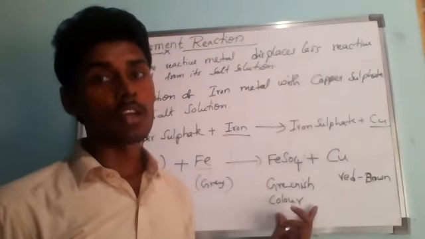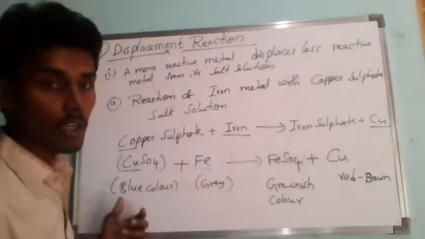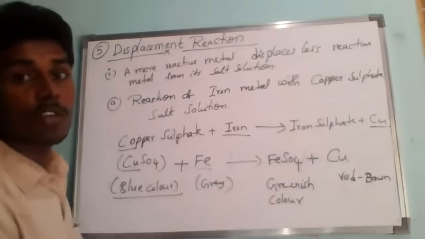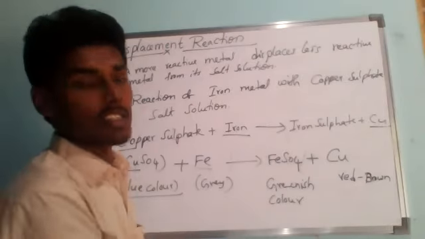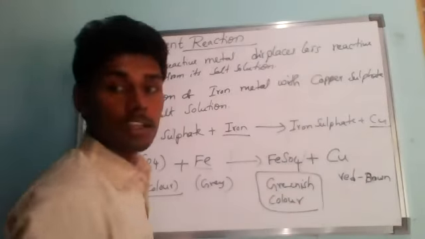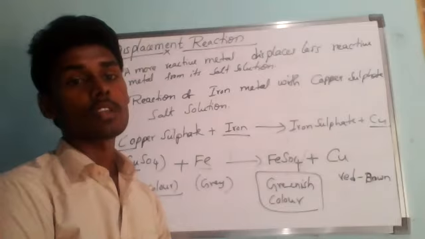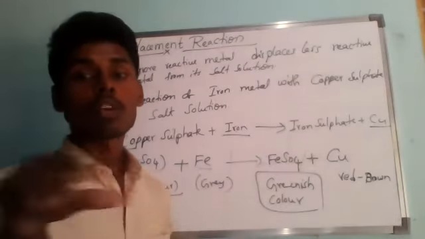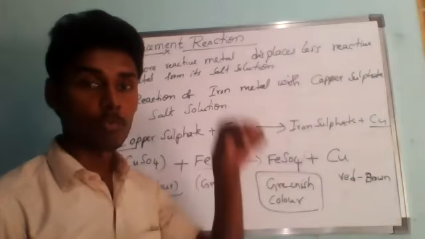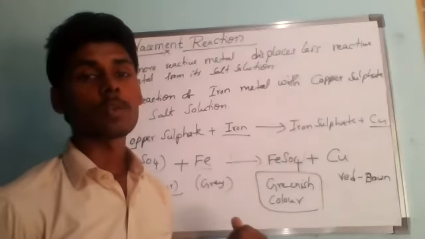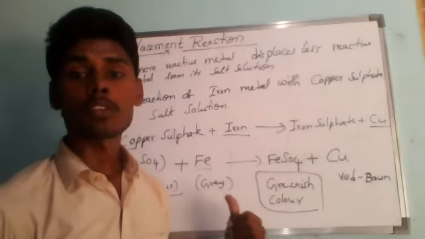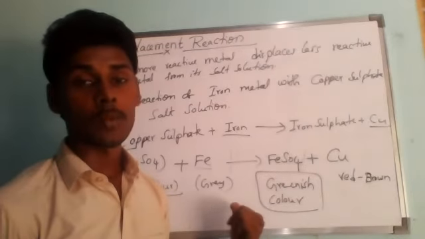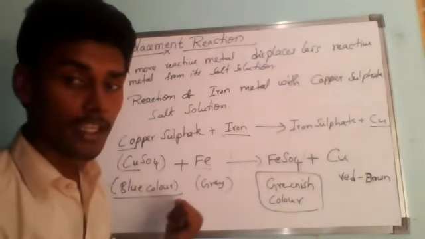The blue color changes to greenish because iron sulfate is green. The copper metal forms a red brown coating over the iron nail we placed in the solution. This displacement reaction takes place because iron is more reactive than copper.